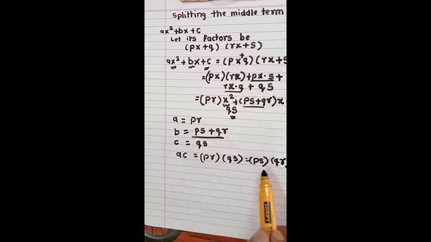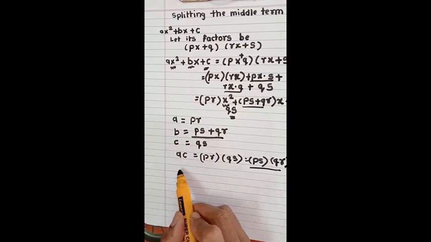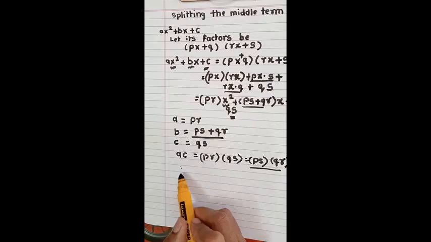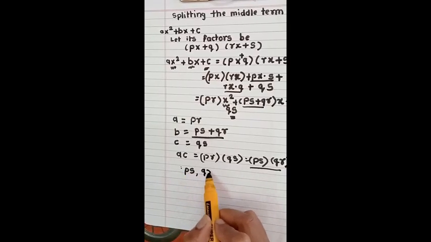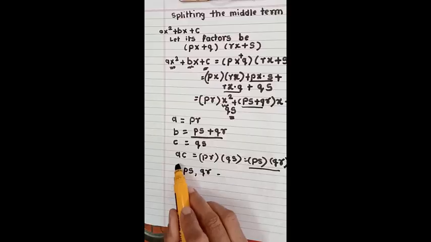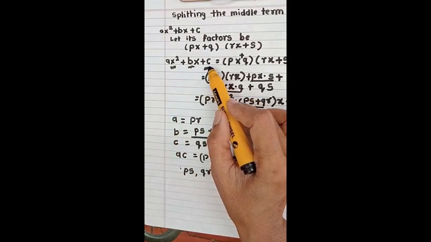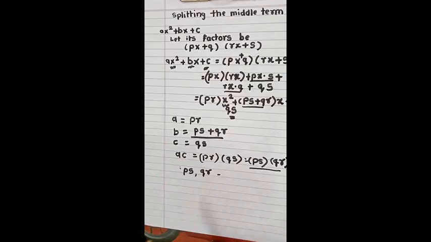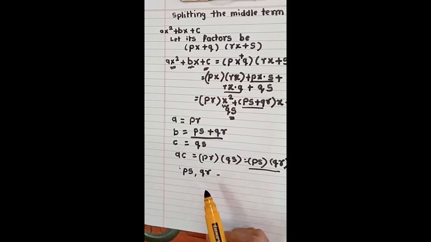So b is the sum of two numbers whose product is equal to ac. So these are the two factors ps and qr whose product is ac, the coefficient of x square times the last term c, and b is the sum of the two factors. So this is the splitting of the middle term.